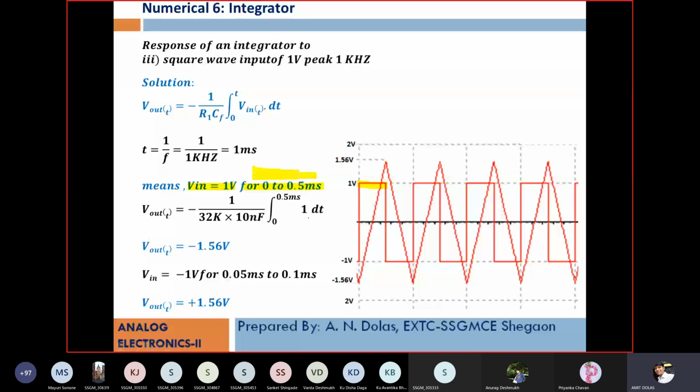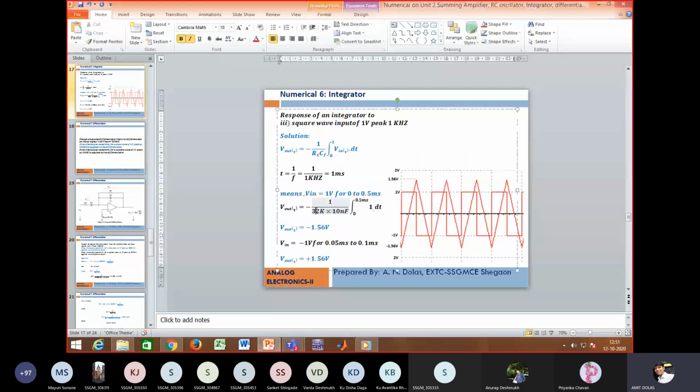So V out is equal to, again we have to cross verify. Again I have used 32 because of copy paste. So here it must be 3.2. So please check it. Minus 15.625. Yes, one digit here.